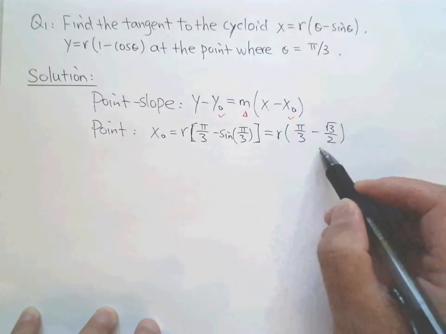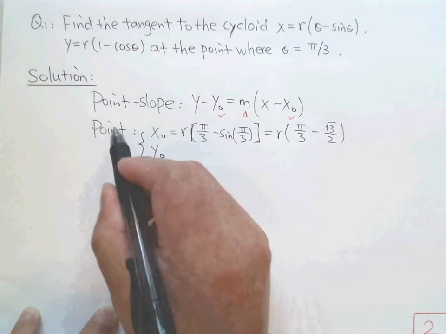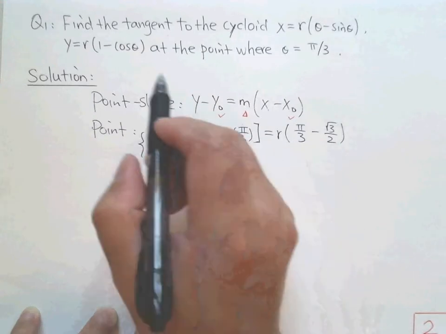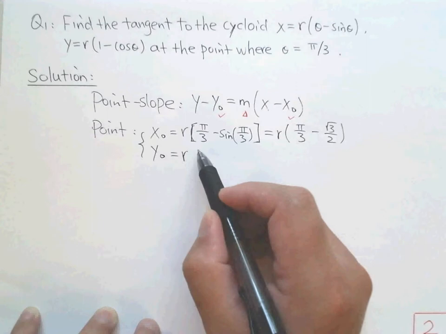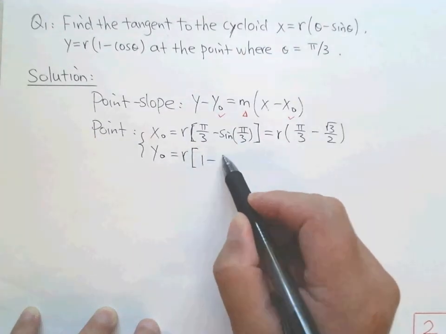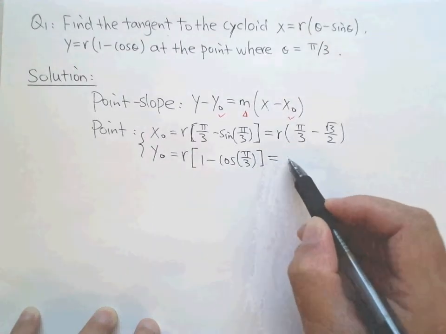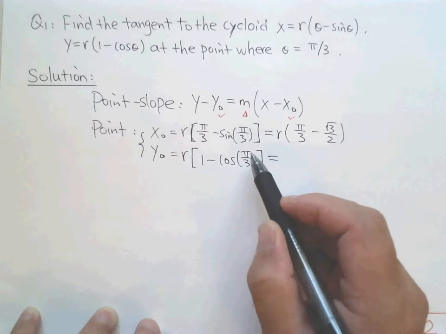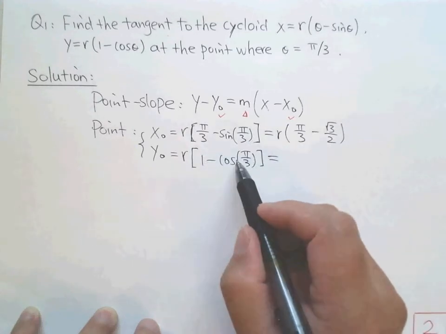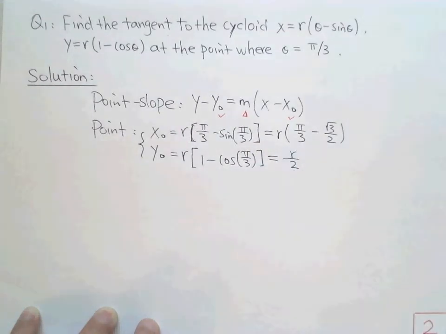We cannot simplify, so I'll just leave it here. What is y0? It is y at theta equals pi over 3, so r times (1 minus cosine of pi over 3). Cosine at 60 degrees is 1/2, and 1 minus 1/2 is 1/2. So y0 is r over 2.